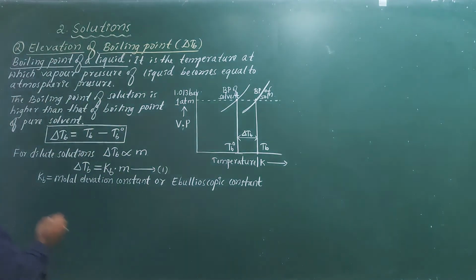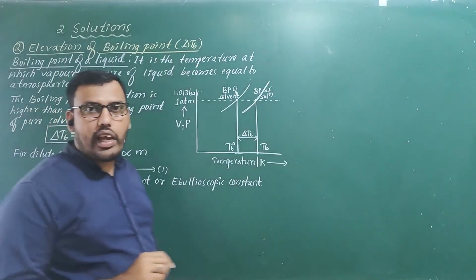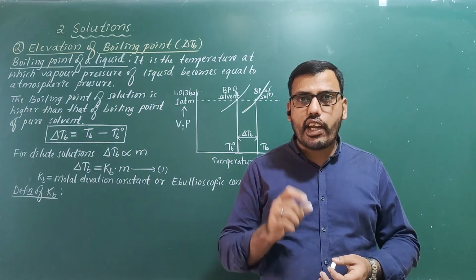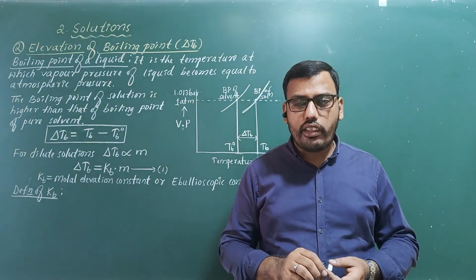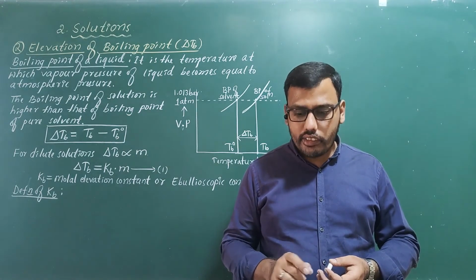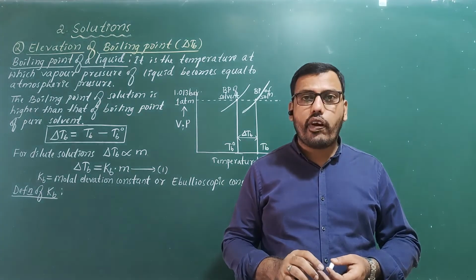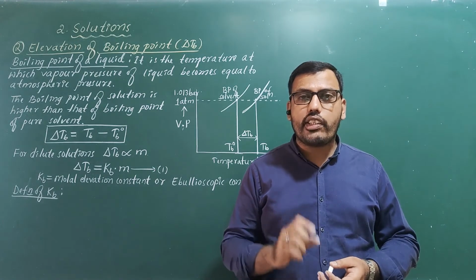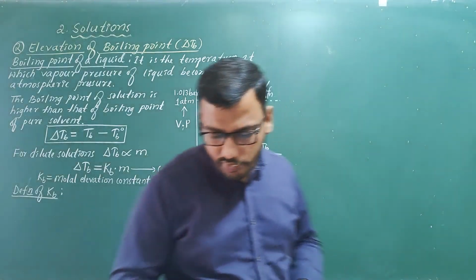The molar elevation constant or ebullioscopic constant is defined as the elevation of boiling point produced when 1 mole of non-volatile solute is dissolved in 1 kg of solvent. Yes, that is the definition.